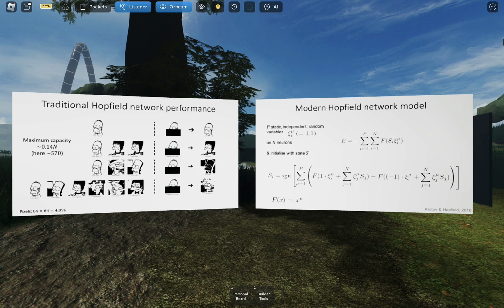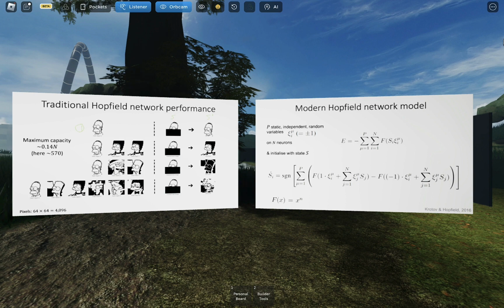So, for example, network number 1 here has the pattern only of Homer's face, and then the state that we begin with we set to half of Homer's face, and then we perform some updates, and then the new state is Homer's face. So we've successfully recalled this pattern through the network's activity.